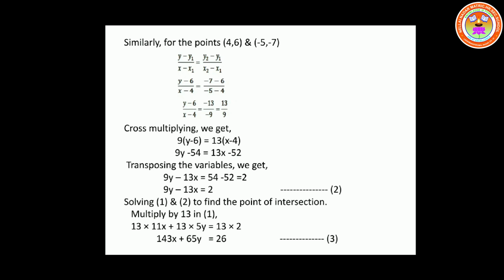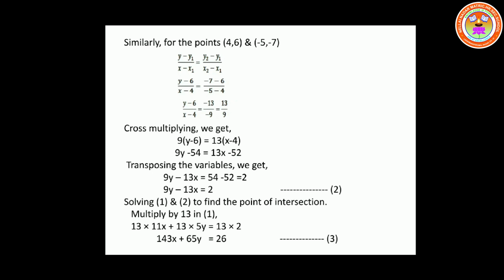So substituting, it becomes y minus 6 by x minus 4, taking x1 y1 as 4 and 6, equal to y2 which is minus 7 minus y1 which is 6, divided by x2 which is minus 5 minus x1 which is 4.